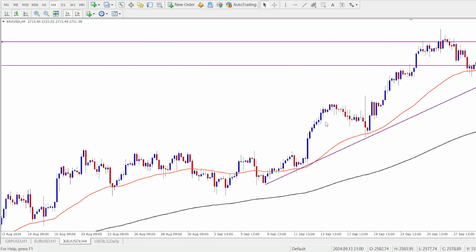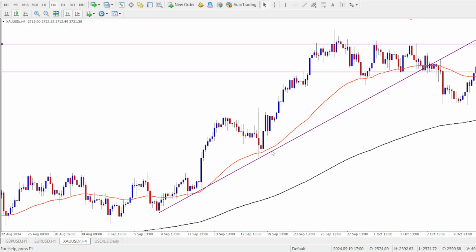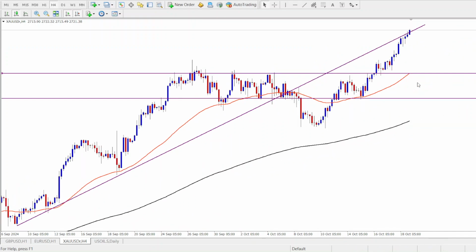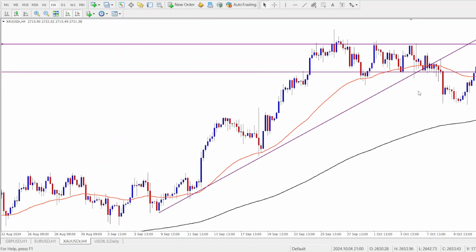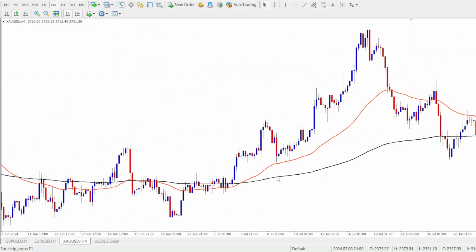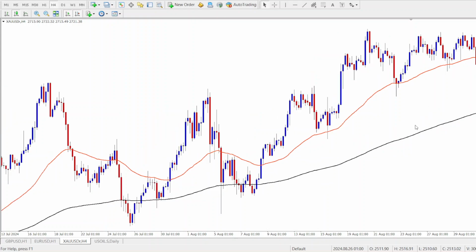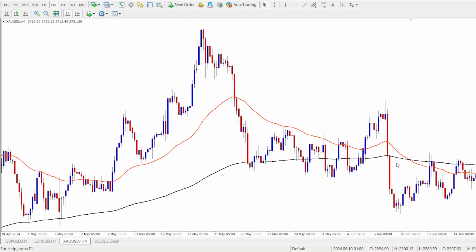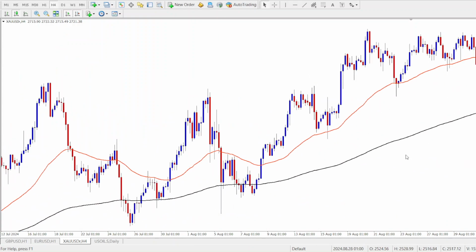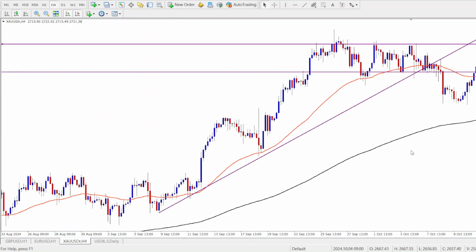We can use that for additional confirmation. When price is trading above the moving averages, it signals a bullish trend. When price is trading below it, it signals a bearish trend. When you have a bullish crossover, it shows that bullish momentum is at play. And when we have a bearish crossover, it shows that bearish momentum is at play. So you can use that to add to your confirmation signals.